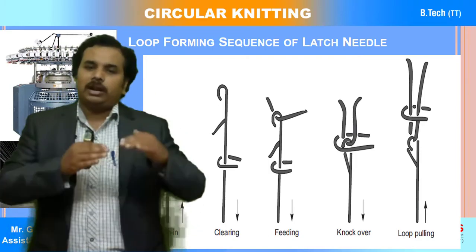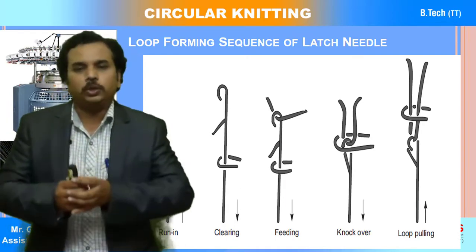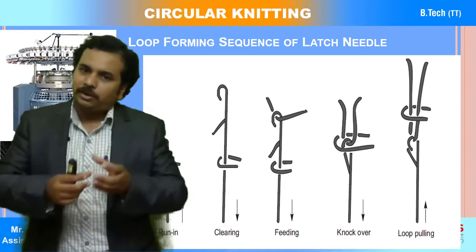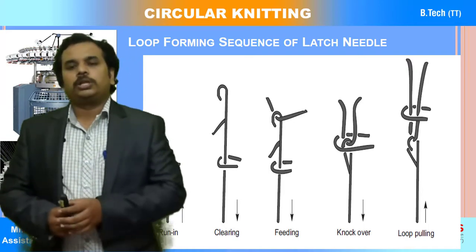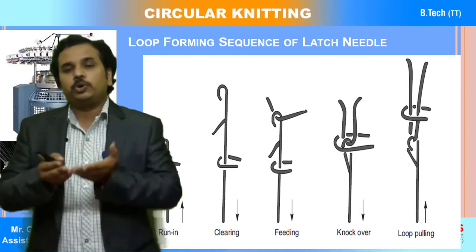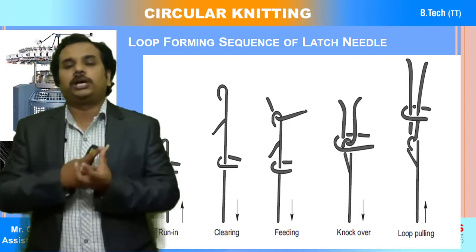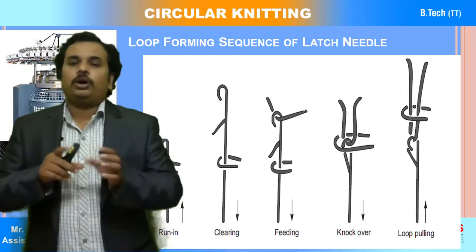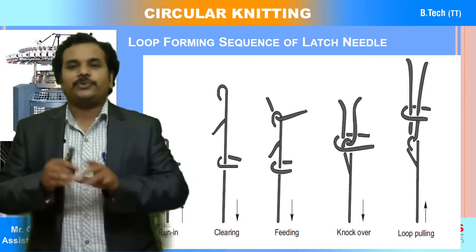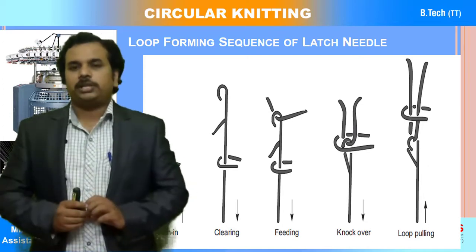After feeding, slowly the needle is going to be knocking over, nothing but again lowering down, so that the whole loop is going to push back the latch, so that the latch is going to close the hook part. Now the newly fed yarn is trapped in between the latch and hook in the fourth stage.